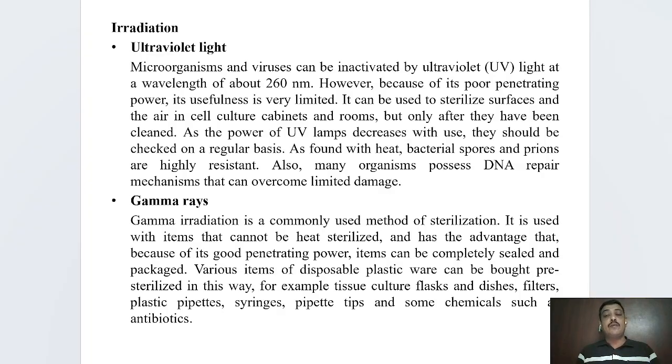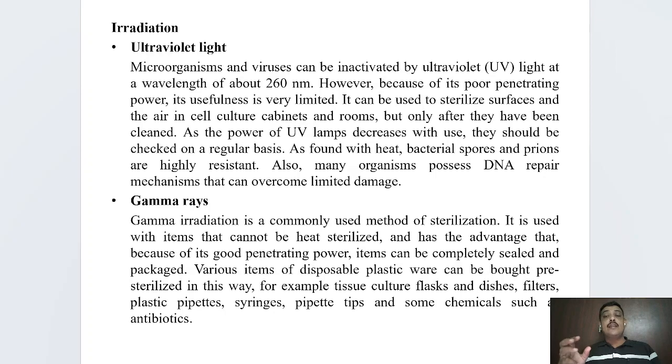So again, if a microbe has to undergo division, it has to prepare its own protein. Only then can it undergo division. But due to this thymine dimer, the microorganisms cannot undergo proliferation. So this is the advantage and the mechanism of how ultraviolet rays work. But when we use it for cell culture, the use is not vast.